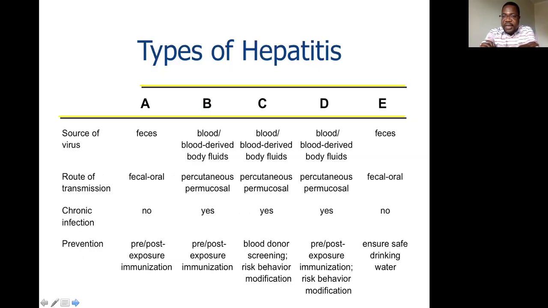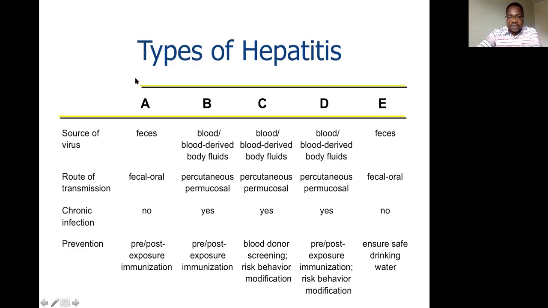Now let's have a general overview of those 5 viruses, or strains of hepatitis virus: A, B, C, D, and E. The first difference is the source of the virus.